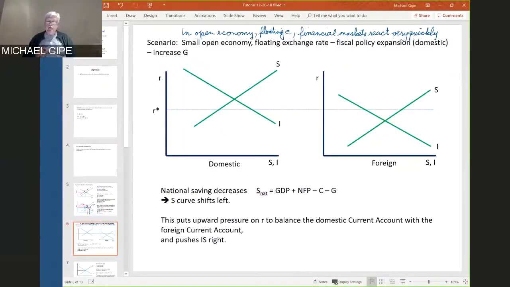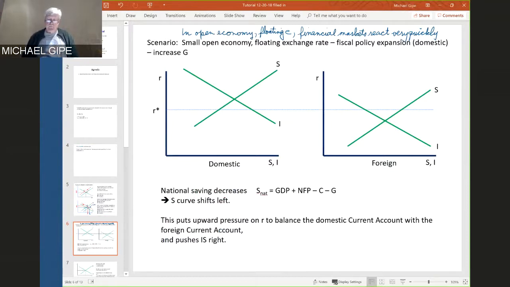But with the exchange rate, financial markets will make this happen almost instantaneously, I guess you would say. So we're going to do a fiscal policy expansion. We're going to increase our government spending. We're not going to increase taxes. Take care of that.